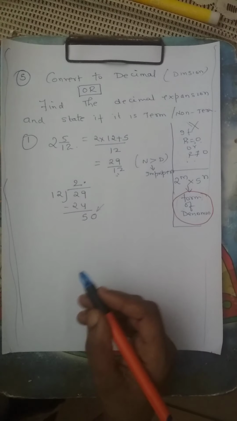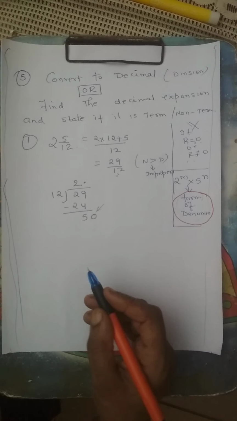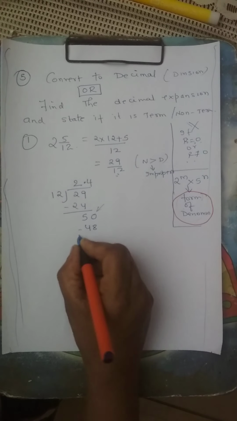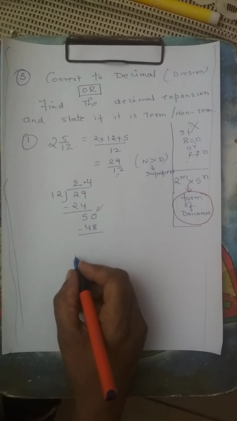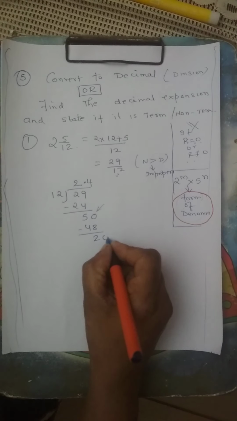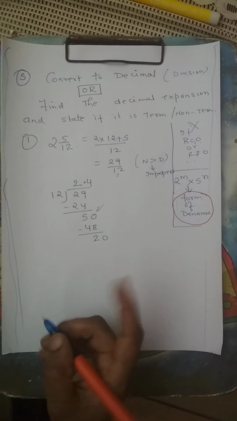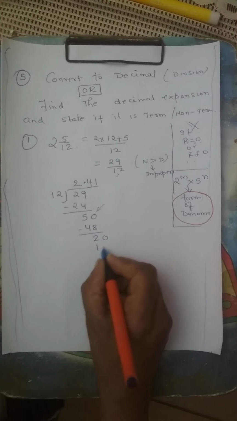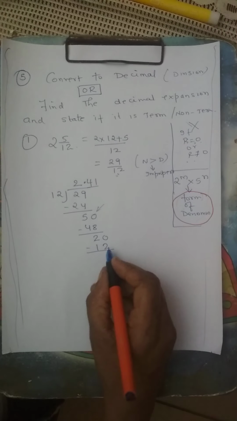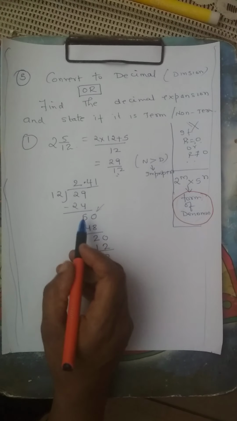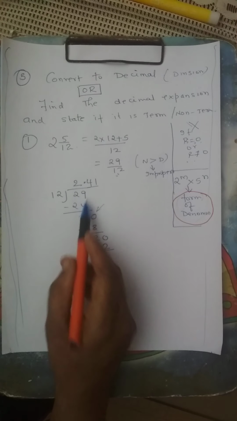So 12 4s are 48. Okay. Now what to do? Let me put a 0. 12 1s are 12. 12 2s are 24. You have to go on till you get the same value back.